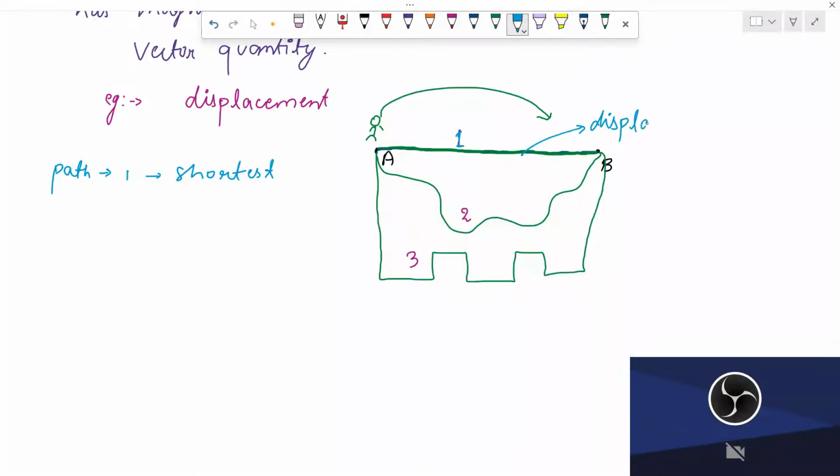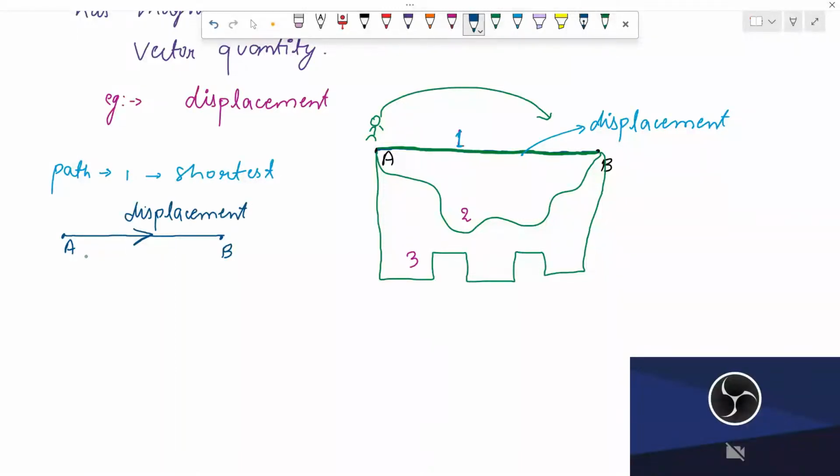It means if we have some certain points A and B, then the shortest path, or the displacement, will be in a fixed direction. Okay, so this is displacement.